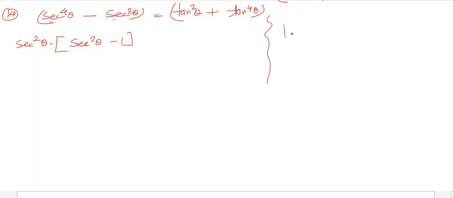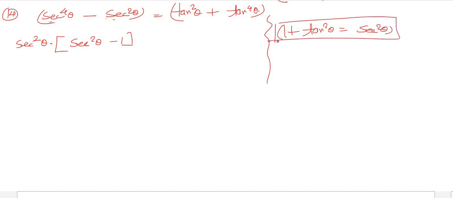Now if you remember, 1 plus tan square theta is sec square theta. This is the formula. Correct? So let's use it here. Sec square, can I write 1 plus tan square theta? Right? And this sec square theta, I am writing 1 plus tan square theta and this minus 1 here.